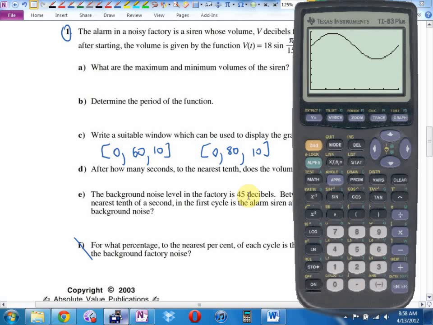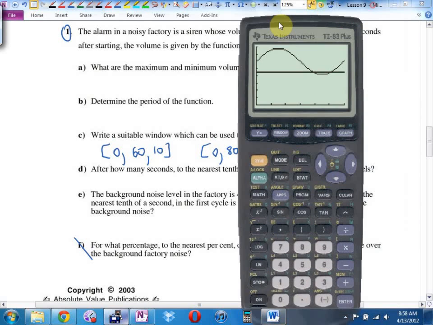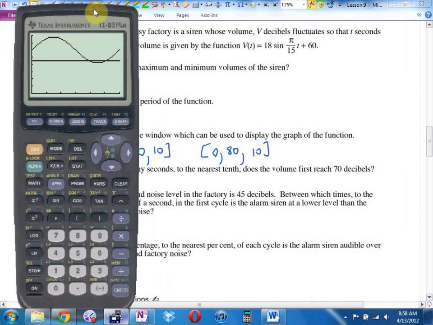Oh, so you know what? If it's a Y value, what they want me to do is they want me to go like that. And graph. And then they're asking between which two times in the first cycle of the siren alarm, here is the first cycle, which two times won't you be able to hear the alarm between those two times? Can you find those two times?